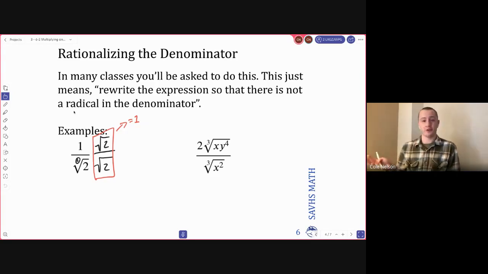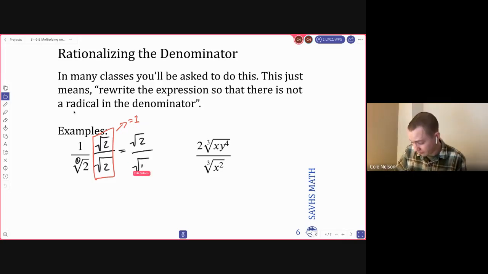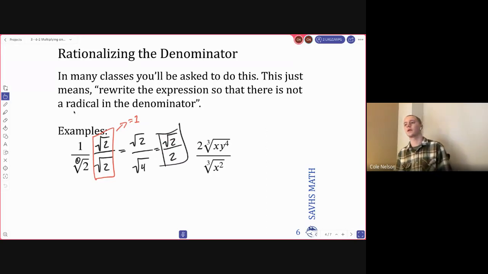Now we can multiply these two fractions and we can say, okay, well, 1 times root 2 is root 2. And then root 2 times root 2 is root 4. And I know that the square root of 4 is 2. There's my answer. I know, it's like, why would I ever want to do this?